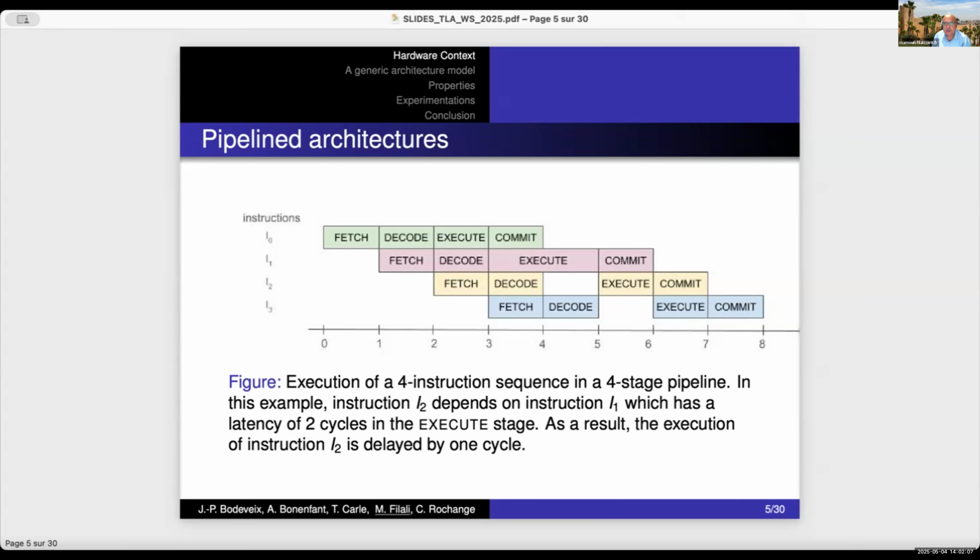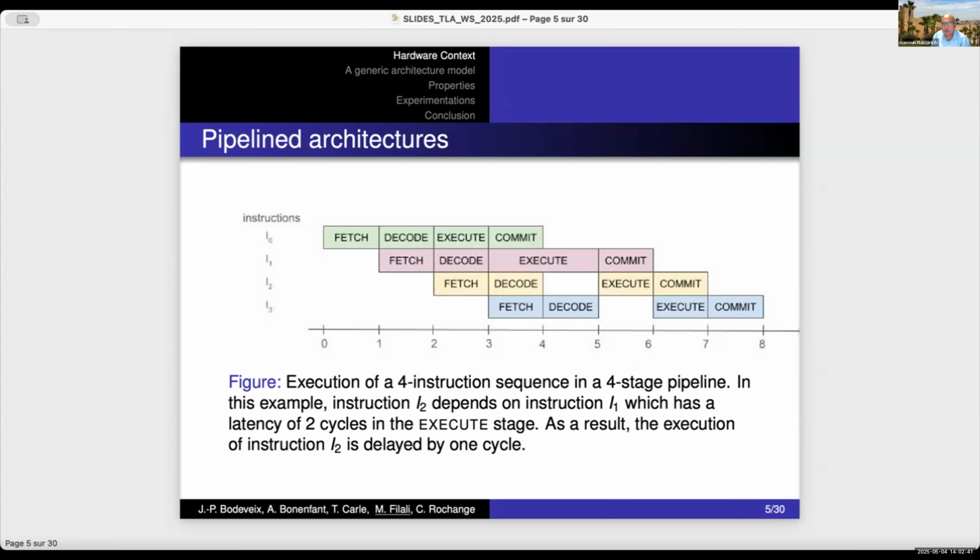So the first instruction can enter the pipeline at time 0, but instructions 1, 2, 3 cannot enter because the fetch stage is busy. At time 1, instruction 0 leaves the fetch stage and enters the decode stage. At that time, since the fetch stage becomes free, instruction 1 can enter the fetch stage.